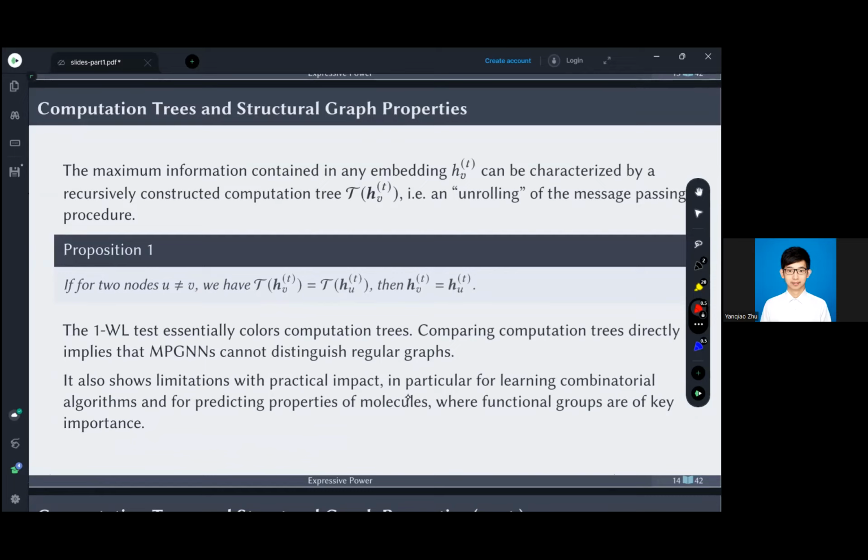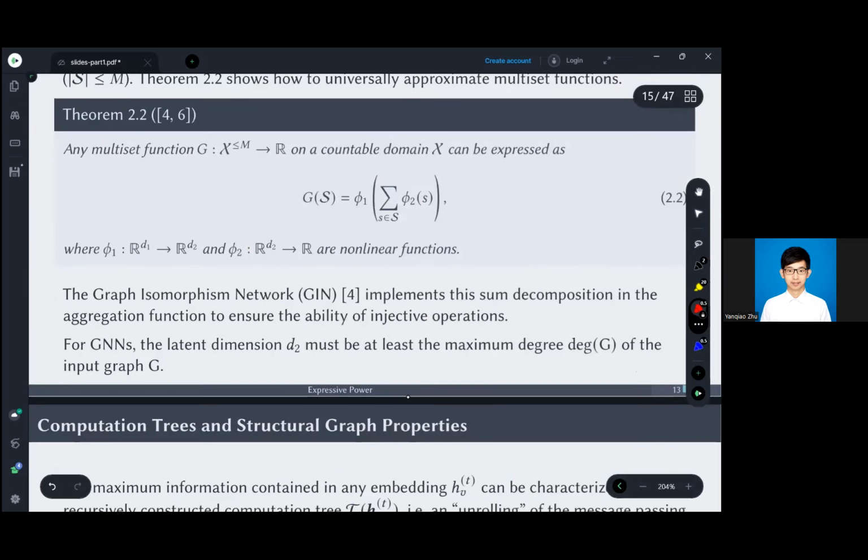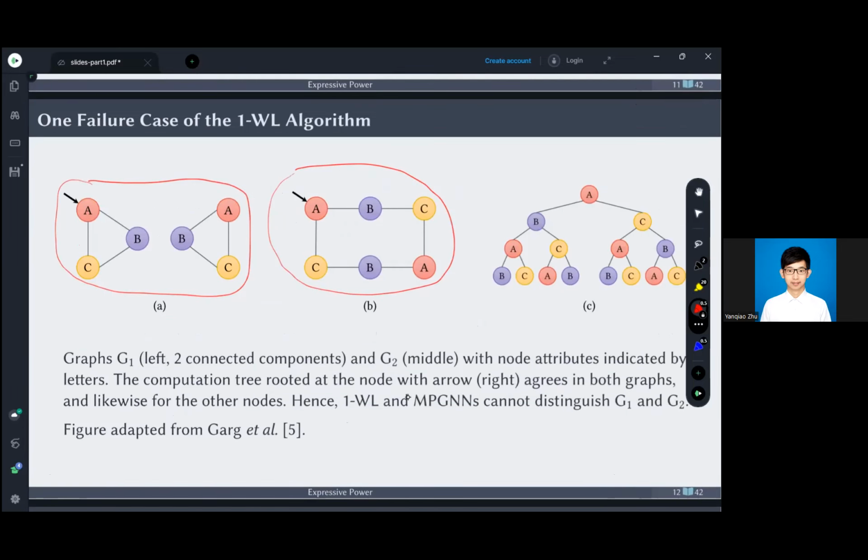More specifically, what is contained in an embedding computed by a graph neural network model is a so-called computational tree, which is an unrolling of the message passing procedure. Like the example here, when we compute the embedding of A, we consider its first-hop neighborhood B and C, right? And after we get this layer, we recursively build its neighborhood into the tree.